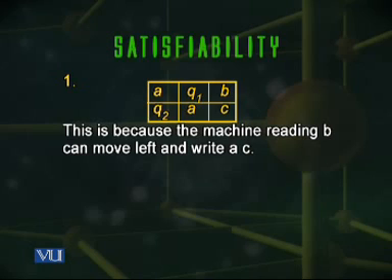Instead of the Q1 we read an A, and instead of the B we read a C. The machine replaced the B with a C and moved to the left.